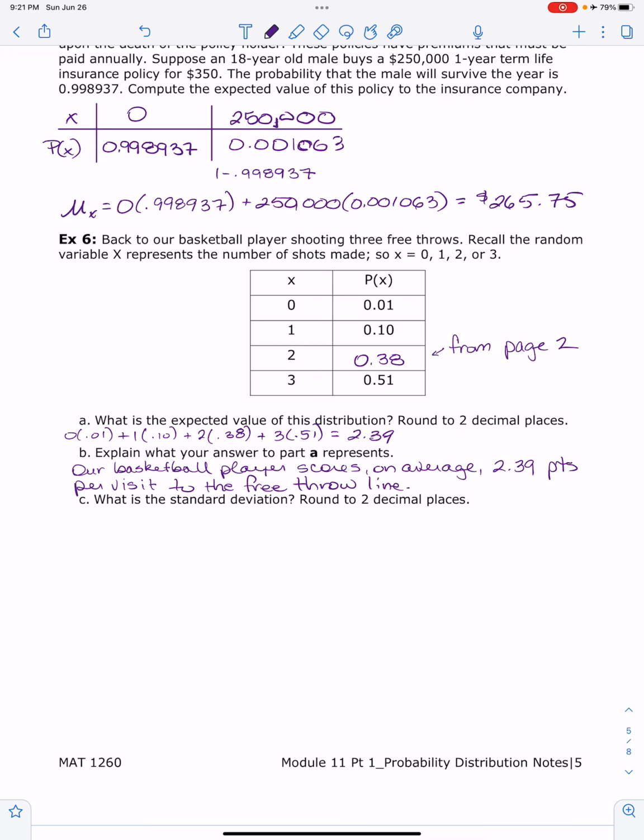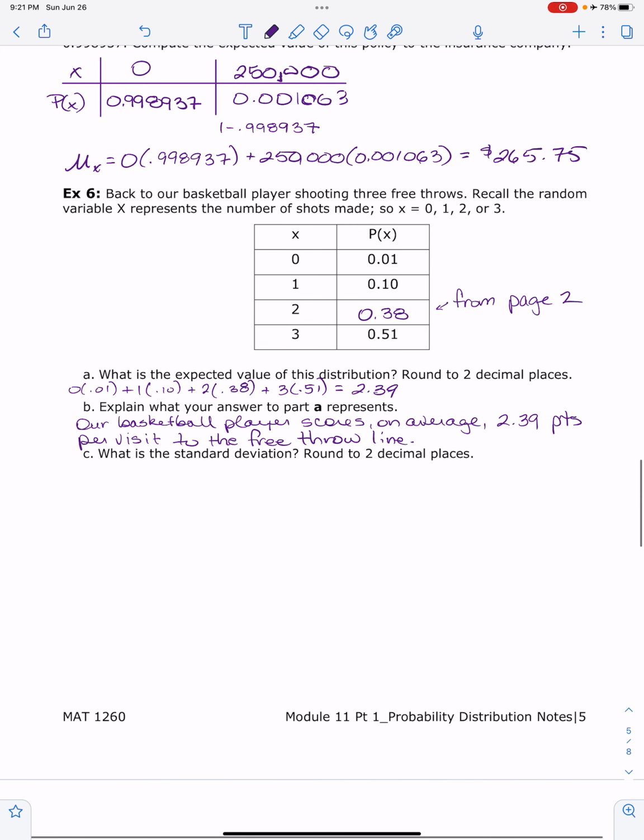Can they score 2.39 points in one visit? No, they cannot. But if they were to go to the free throw line 100 times, we would expect roughly 239 points out of those 100 visits.